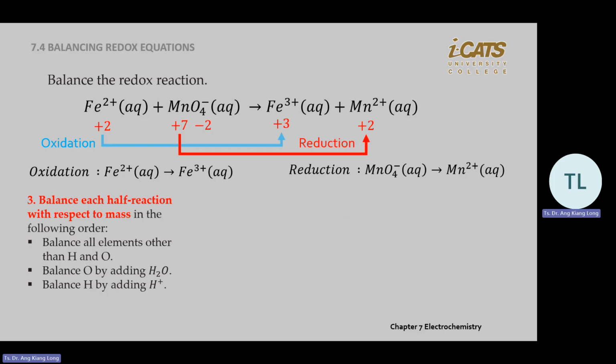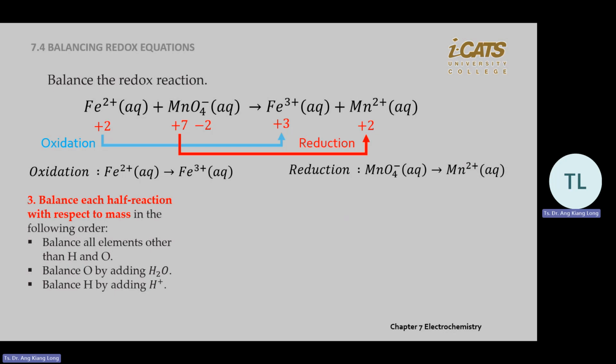When you balance the equation, you need to balance in the following order. First you balance all kinds of elements except hydrogen and oxygen. Means you see H, you see O, you do it later. You balance other elements first.